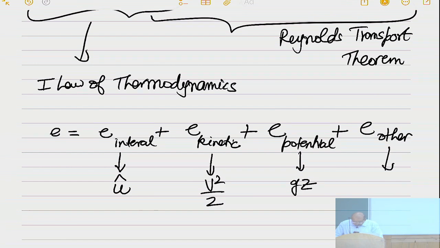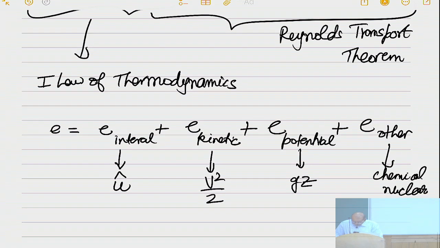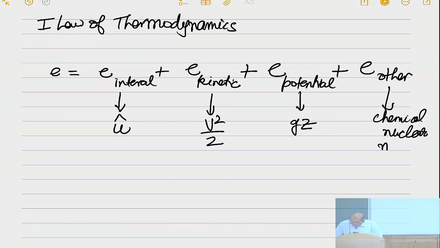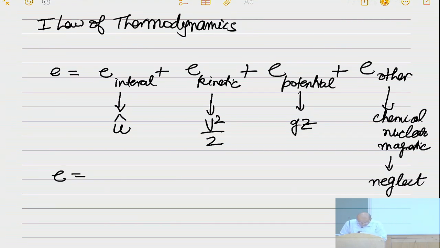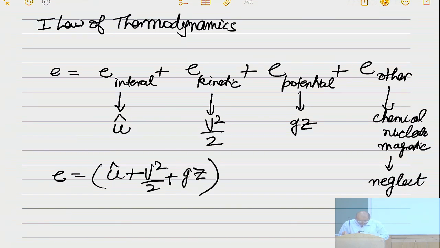And other energy could be chemical, nuclear, maybe magnetic, and these we will be neglecting. So we will take the specific energy as the internal energy plus the kinetic energy plus the potential energy.